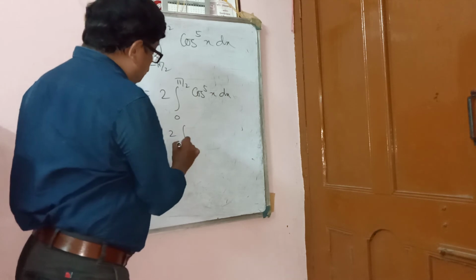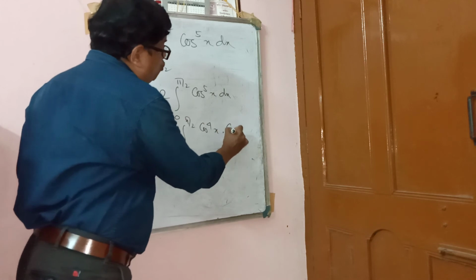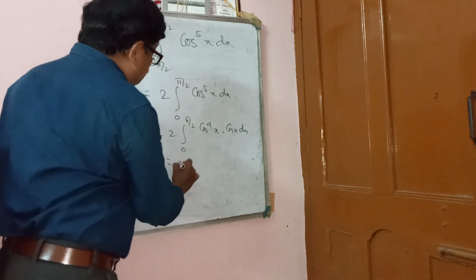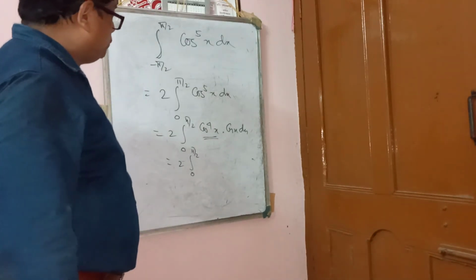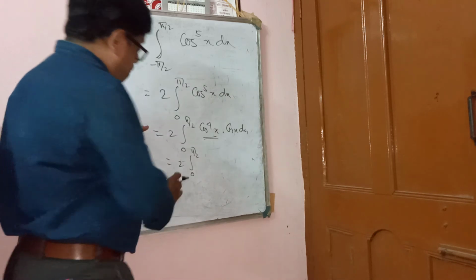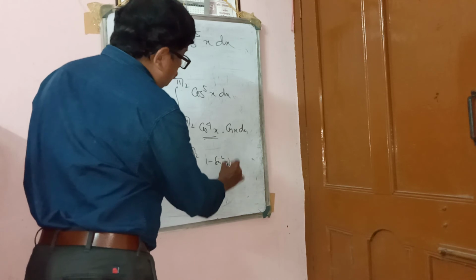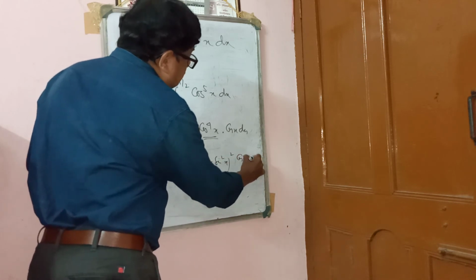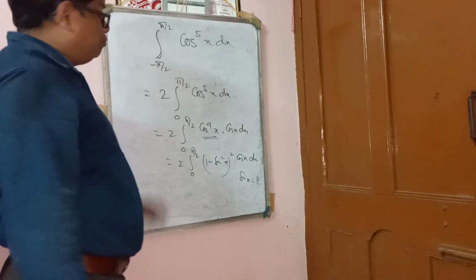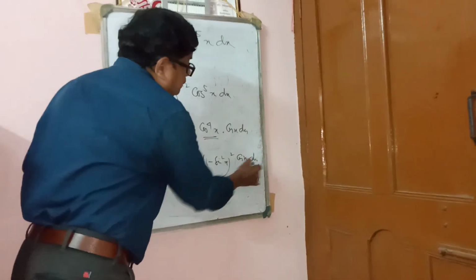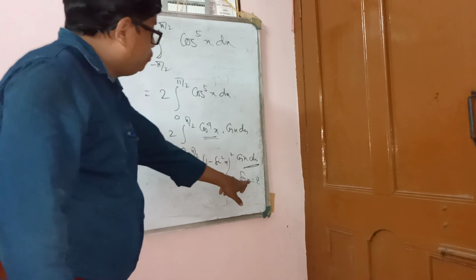Now from 0 to pi by 2 we can write cos to the power 4x into cos x dx. So write 2 into the integral from 0 to pi by 2, and this part you can write as cos square x whole square, that is 1 minus sin square x whole square into cos x dx. Now put sin x equal to z. So this part will be dz, and for the limits, 0 is 0 and pi by 2 gives sin equal to 1.